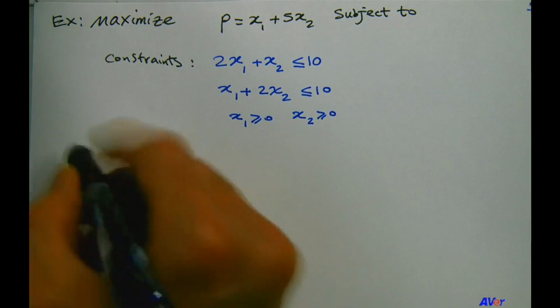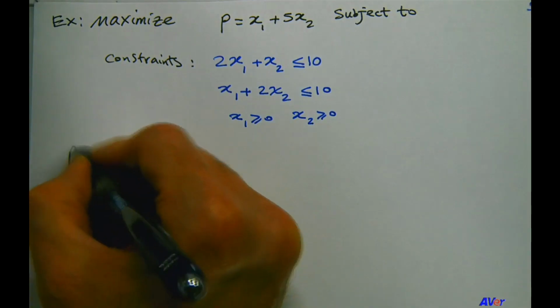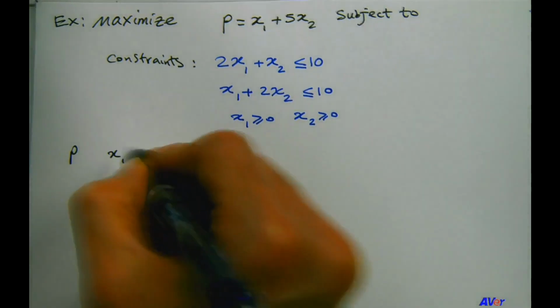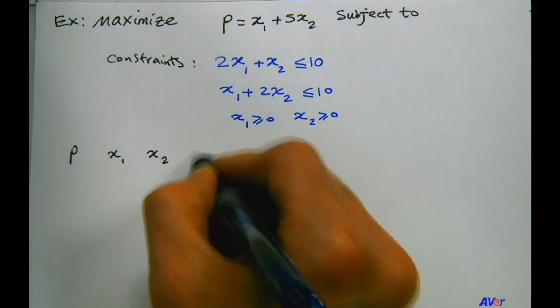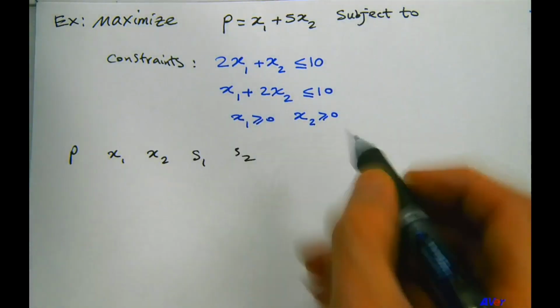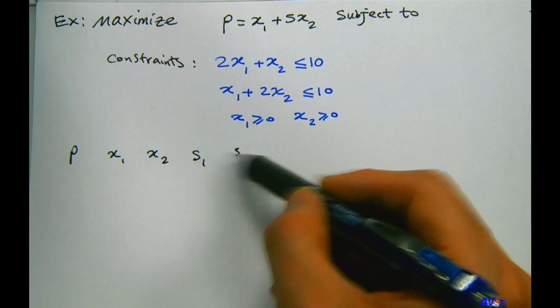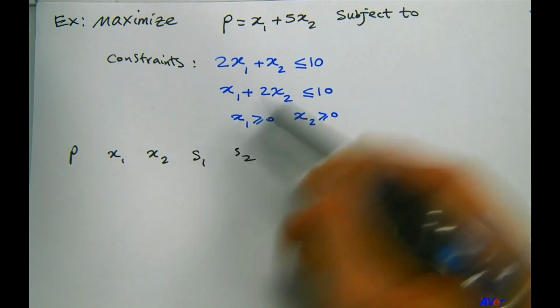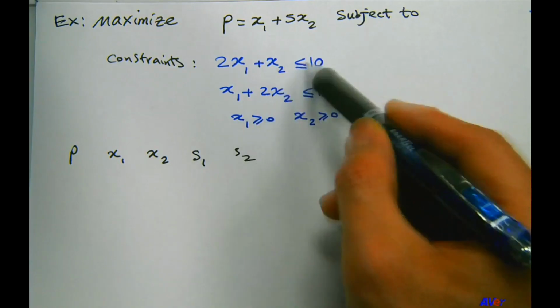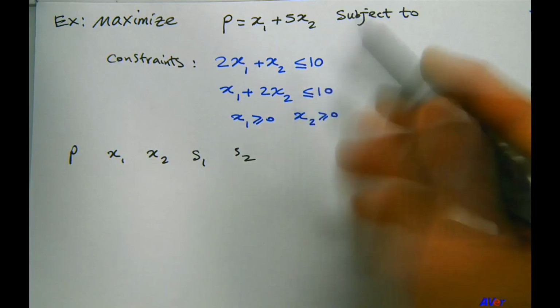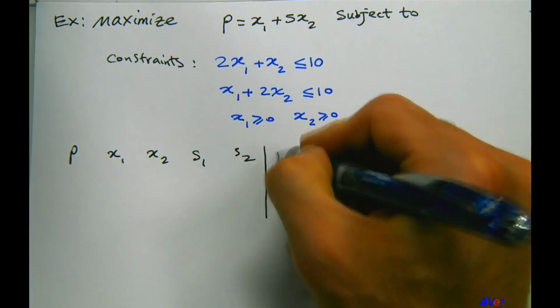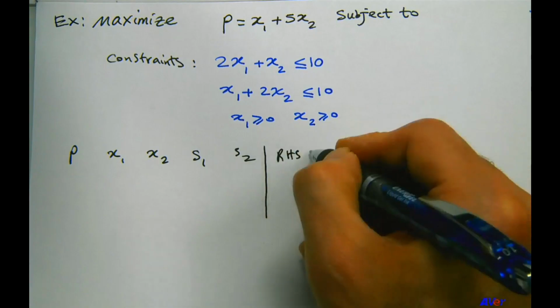So we have the P, x1, x2, s1, and s2, right? So we're going to have two slack variables, one for each of the constraint inequalities, and of course then the right-hand side column.